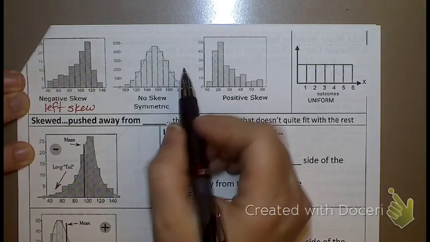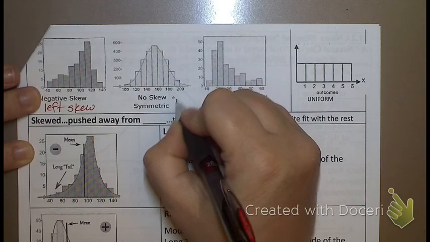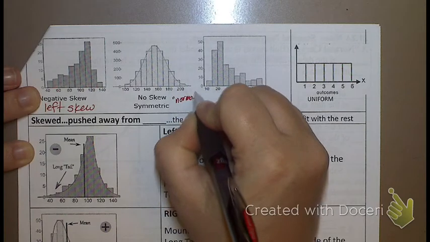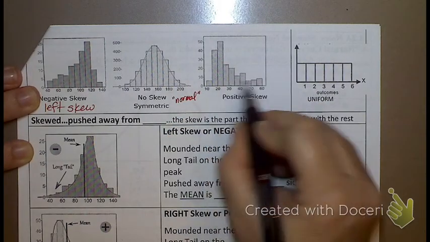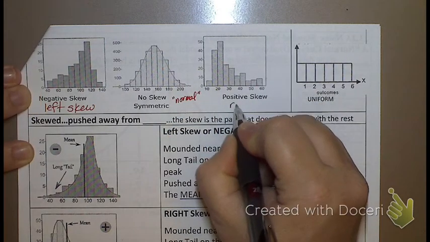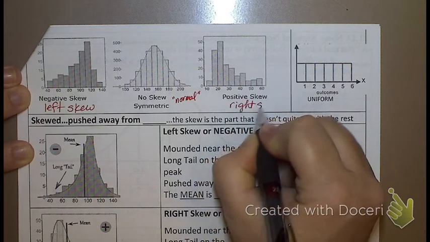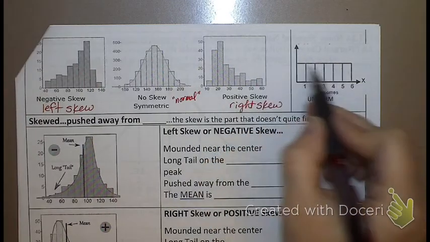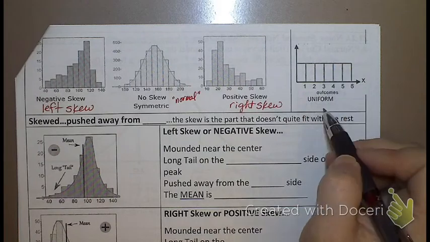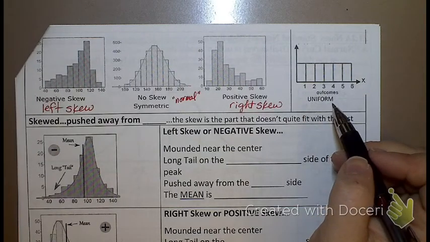Symmetric, no skew, also known as normal. Or a positive skew or a skew to the right. And then if everything seems to be about the same height, we call it uniform. Okay? So, let's fill in some things.